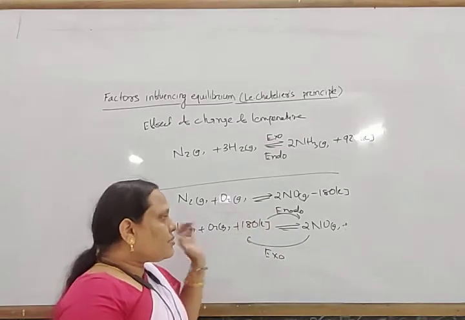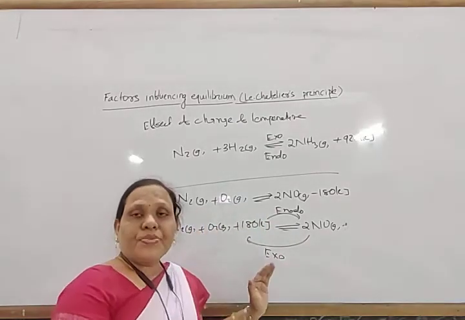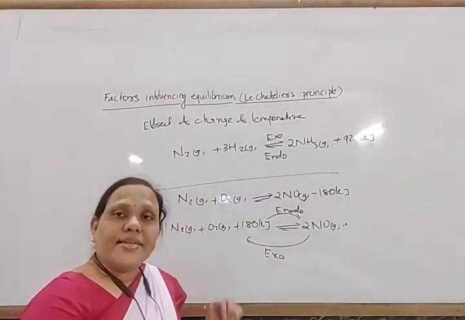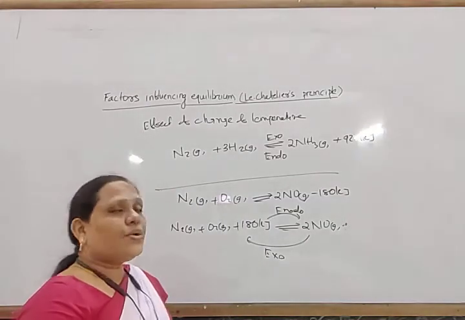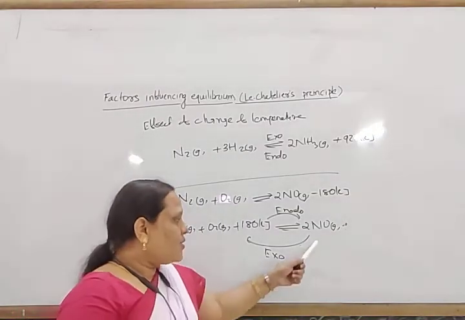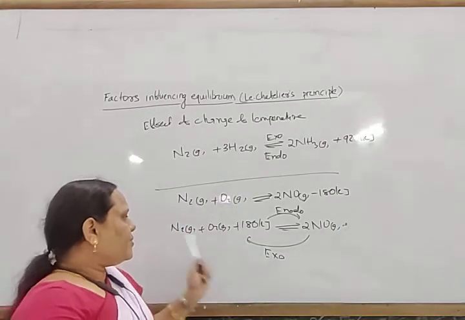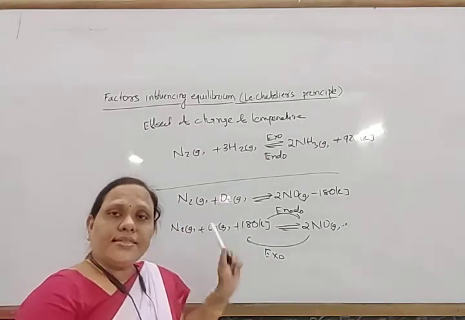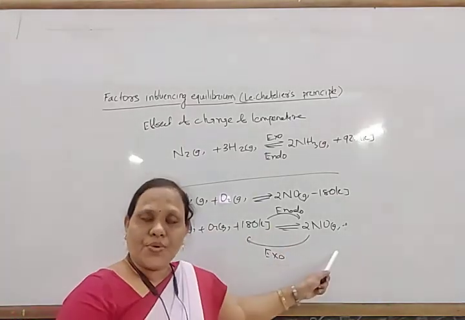Increase in temperature shifts the equilibrium towards the endothermic reaction, and decrease in temperature shifts the equilibrium towards the exothermic reaction. So decrease in temperature gives N2 and O2, and increase in temperature gives NO.